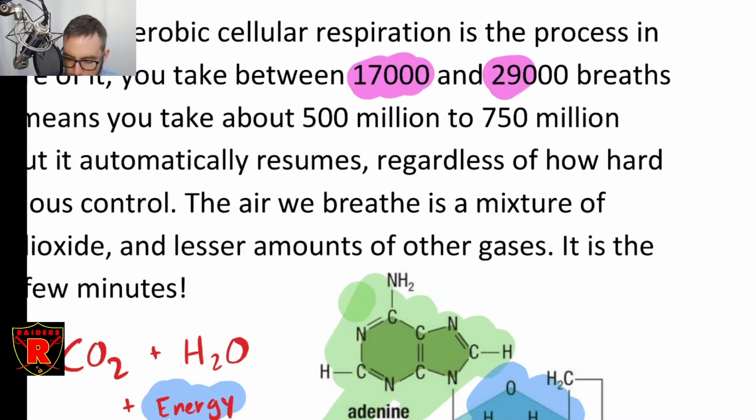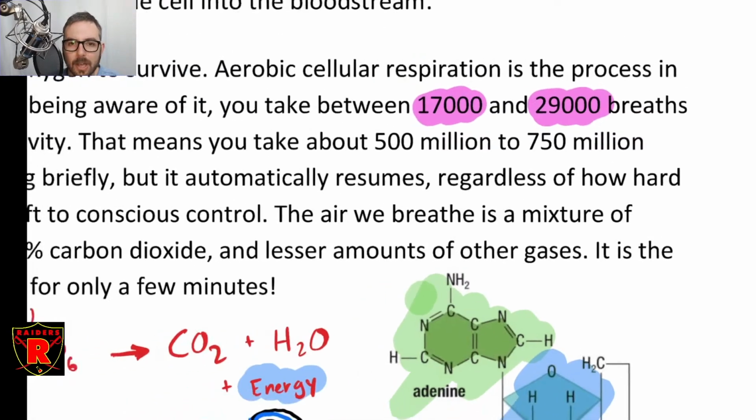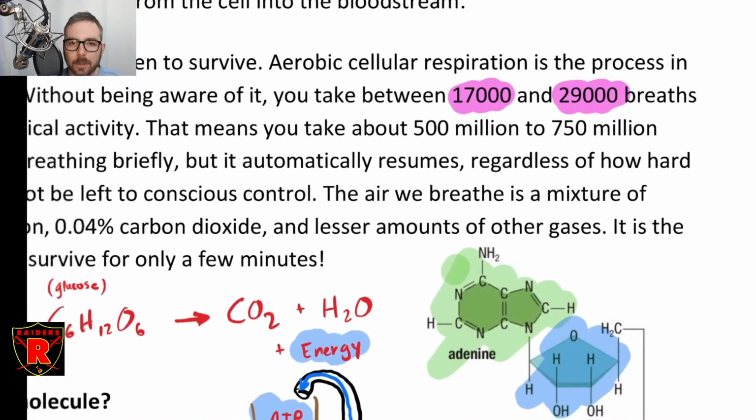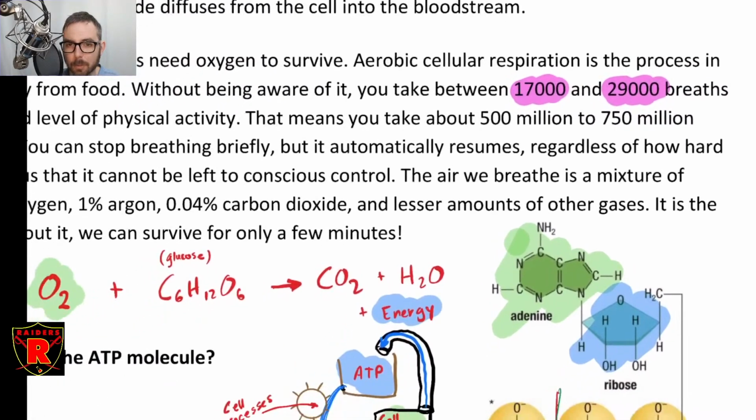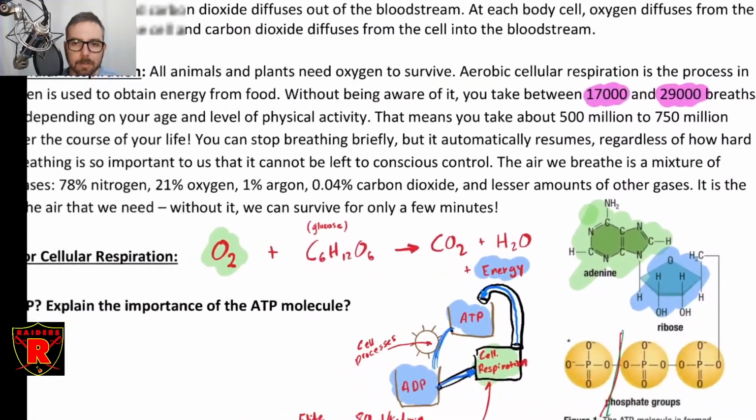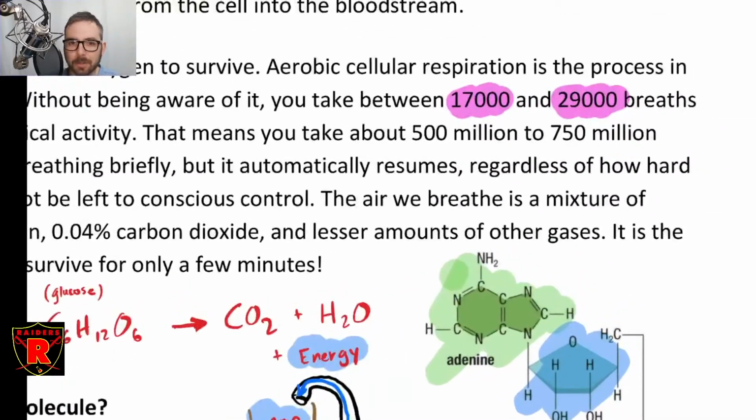This is going to be dependent on whether you're physically active, your lung capacity, your body size, your health. Because if you have a respiratory illness, it may be significantly more than that number of breaths because you'd be transitioning less air per breath. But anyway, that's a rough estimate.